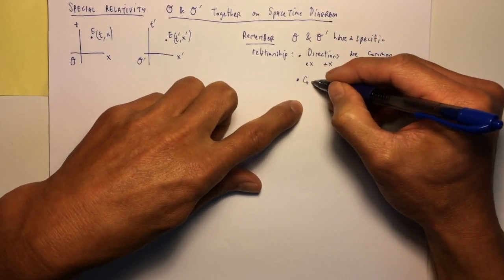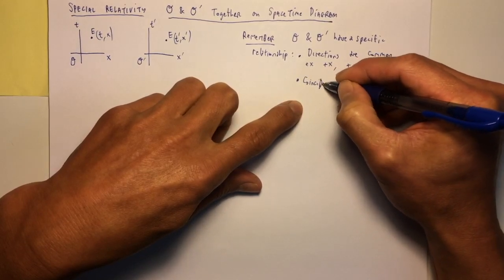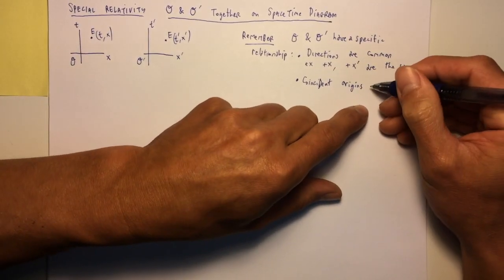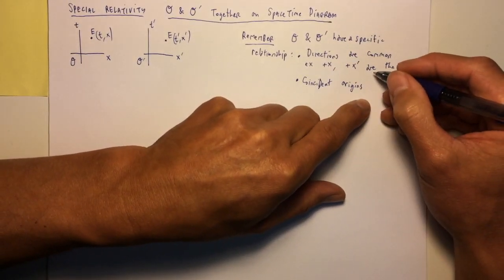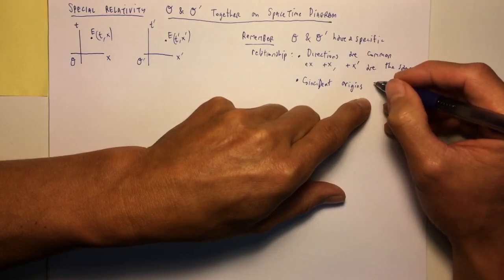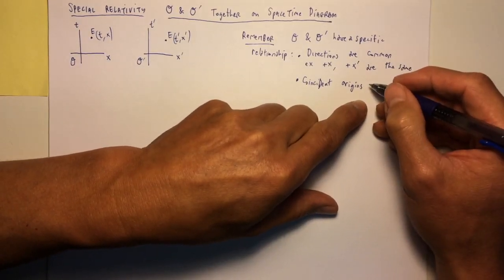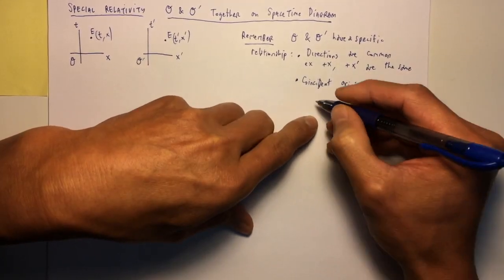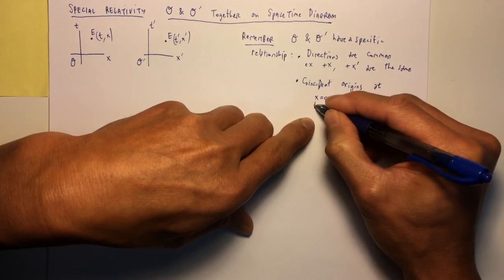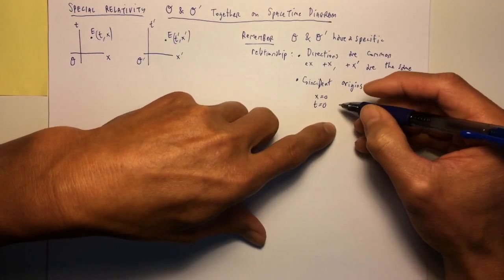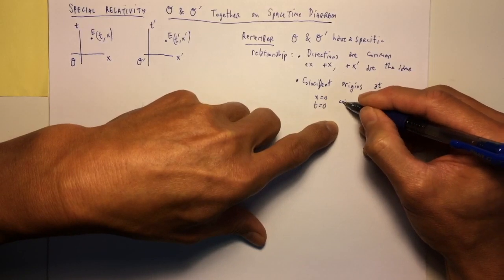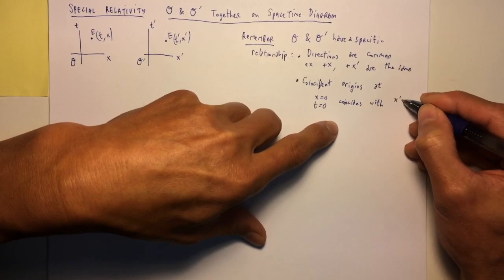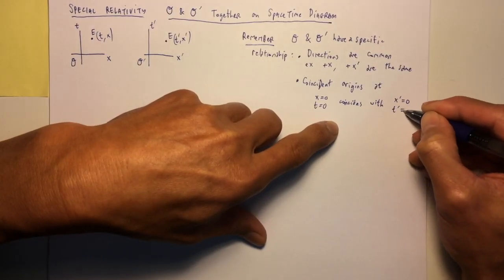The other is the coincident origins, coincident origins at x equals 0, t equals 0. So the idea is that this coincides with x prime equals 0 and t prime equals 0.